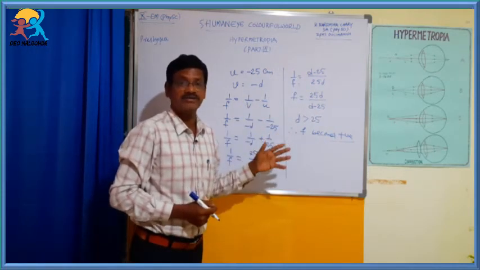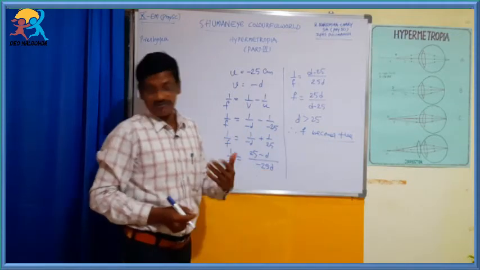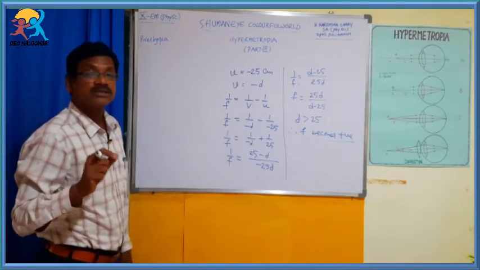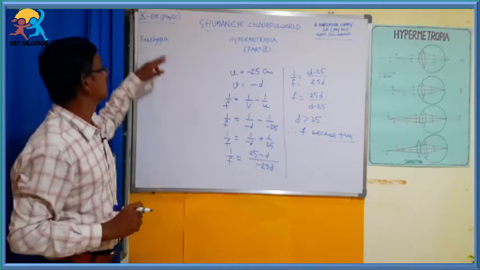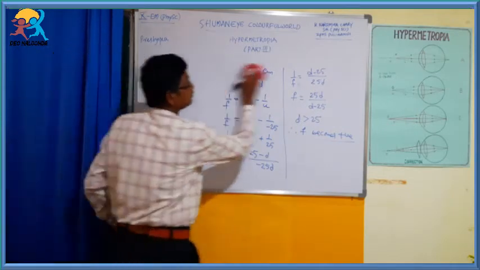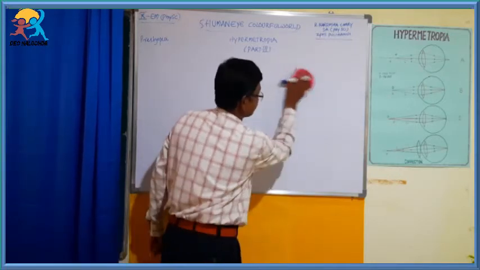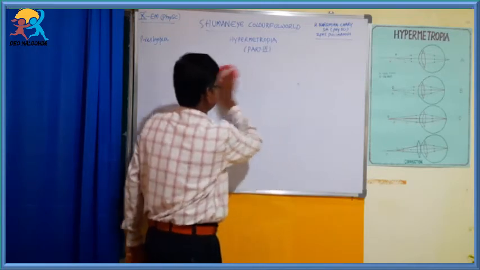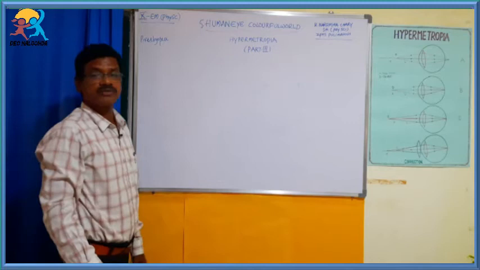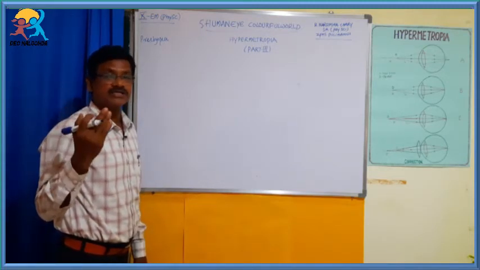Right. After knowing the hypermetropia defect as well as the correction of hypermetropia, we have another defect of vision that people face, presbyopia. Let us see what is presbyopia. Presbyopia is a defect of vision in which the accommodation of the eye lens decreases.